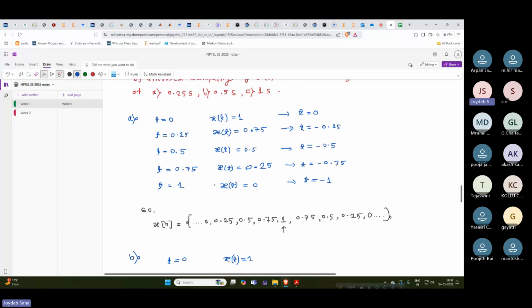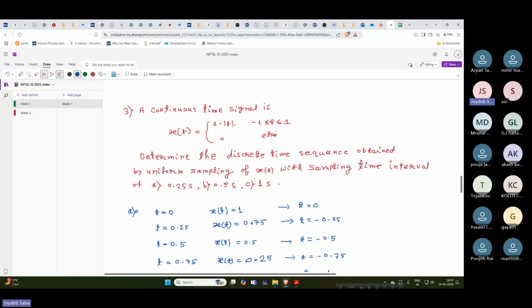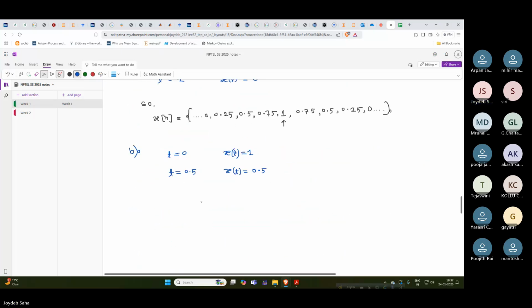Okay, how we are getting 0.5? Because 1 minus 0.5 is 0.5, right? So t is equal to 1, x of t will be 0.